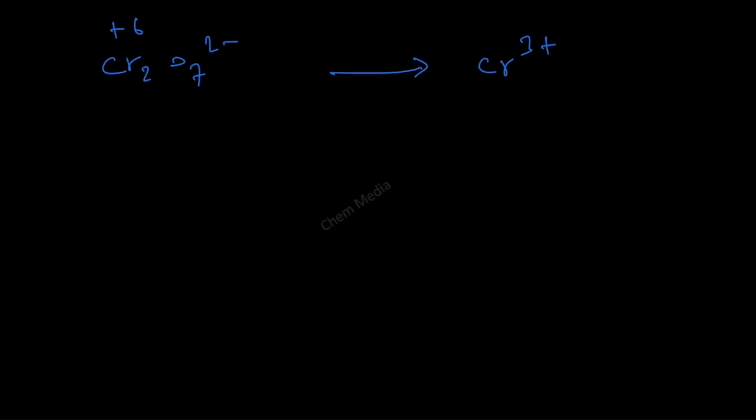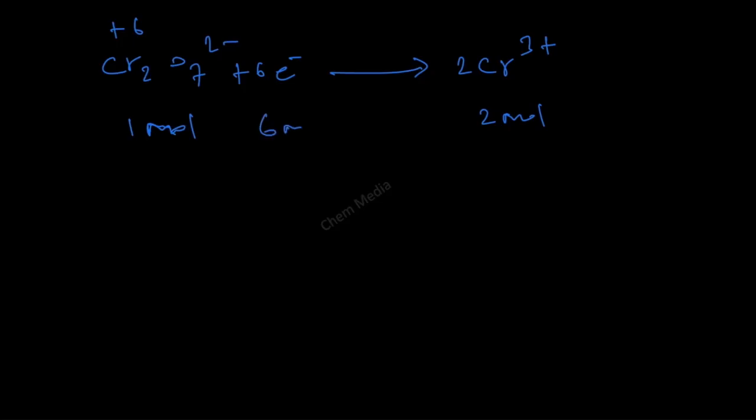But when we have 1 mole of dichromate ion, how many moles of chromium 3 plus will we get? We will get 2 moles, isn't it? Otherwise the equation is not balanced. So for 1 mole, how many moles of electrons are required? We require 6 moles of electrons, because we have to multiply with 6 moles of electrons, not 3 moles.